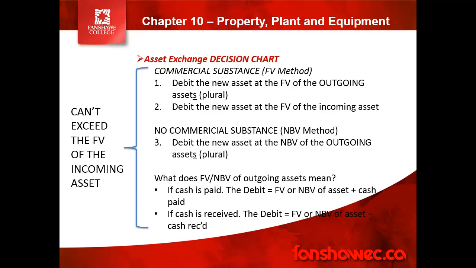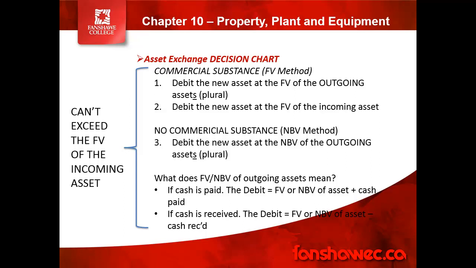The second option you would choose when commercial substance exists only if the fair value of the outgoing asset, meaning the asset you gave up, was either unavailable or not reliable. Meaning the fair value of the incoming asset was more reliable. So let's say you were giving up an asset that you had custom made, a piece of equipment that you had custom made, there's only one of it in the world, and there's really no way for anybody to reliably assess that fair value because it's so specific and so unique.